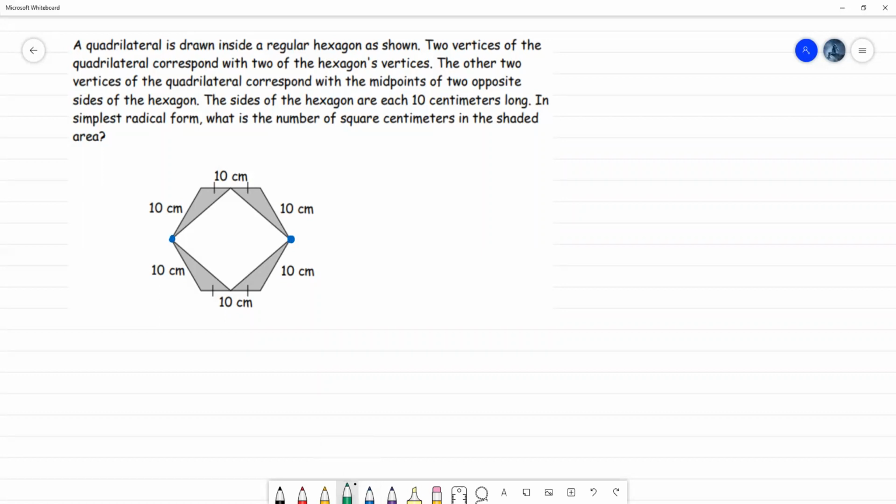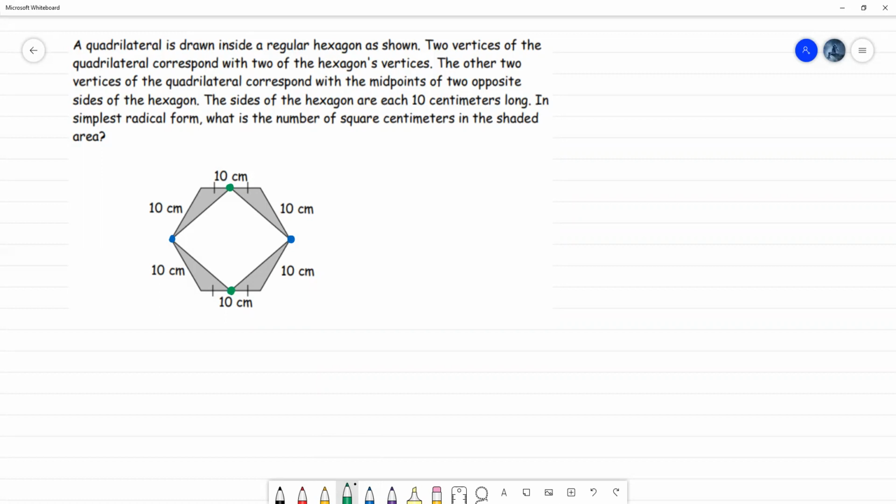That's talking about this point right here and this point right here. So they bisect. They're in the middle of that side. And if the sides of the hexagon are 10 centimeters long, in simplest radical form, what is the number of square centimeters in the shaded area?